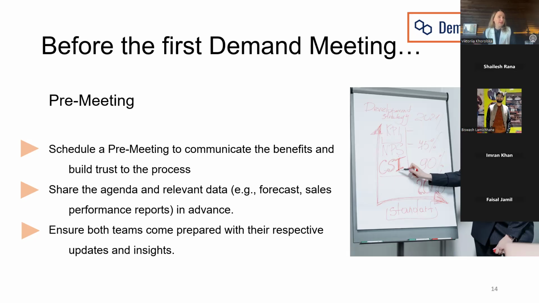Basically, this is already the first demand planning meeting, but you are not discussing the numbers here. It's just about discussing the core elements and preparing a person for the process.